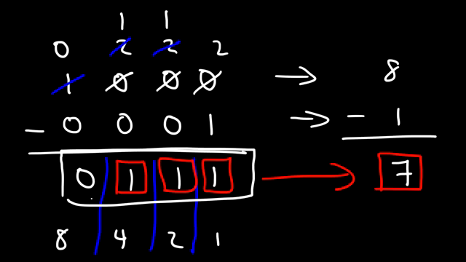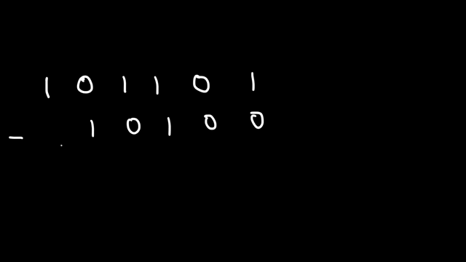So let's work on some harder examples. So consider the problem 101101 minus 10100. Go ahead and subtract these two binary numbers. So 1 minus 0 is 1.